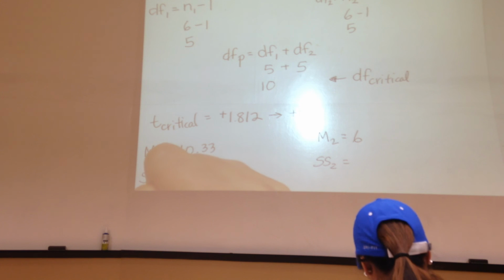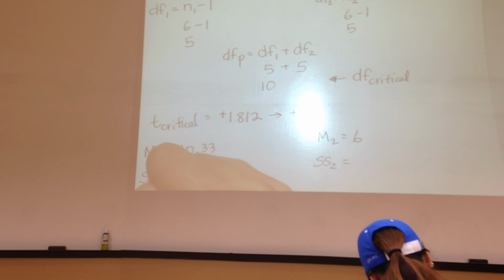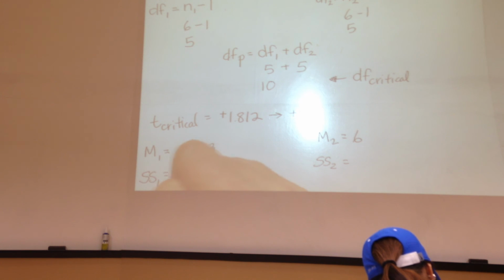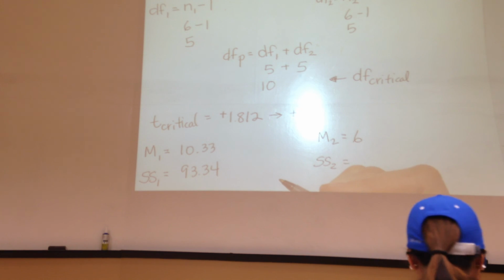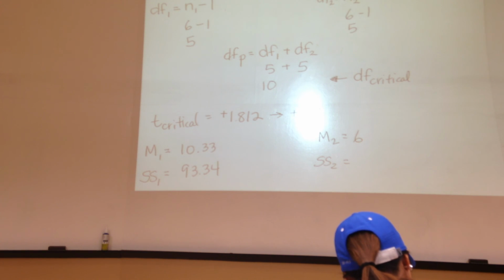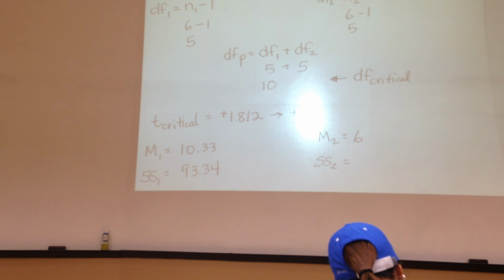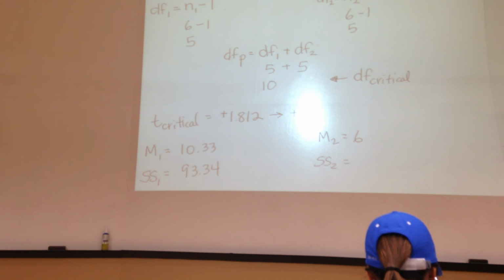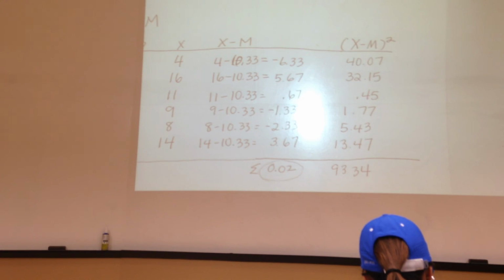Now, I said I also needed to calculate the sample variance for that group. Do you guys know how to get sample variance from sum of squares? Do you remember? No. Take the square root? No. Yes? I got a different sum. Okay. I mean, it's literally like 20 off.